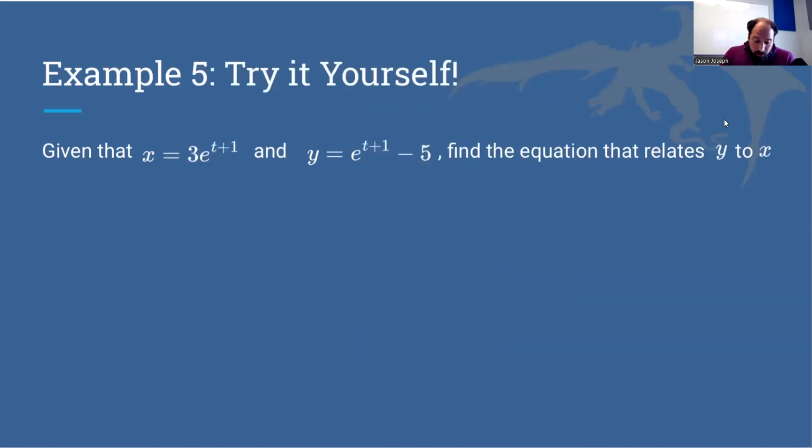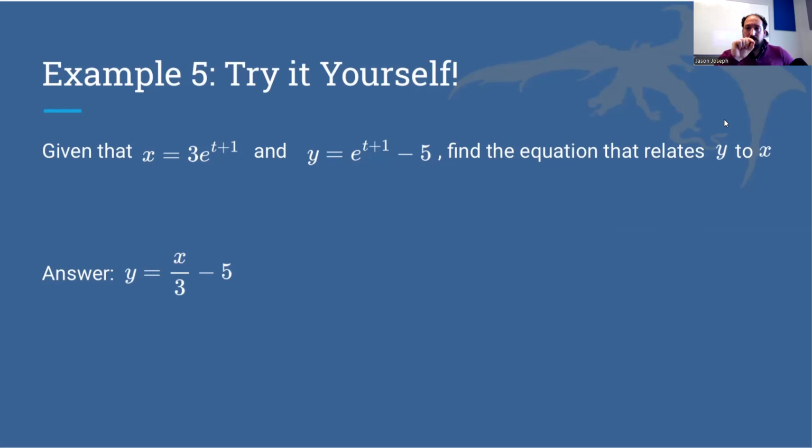All right. And here's a try it yourself. Given that x equals 3 e to the t plus 1 and y equals e to the t plus 1 minus 5, find the equation that relates y to x. So when you finish this, you'll see that the answer is a linear equation, even though our parameterizations involve exponential functions.